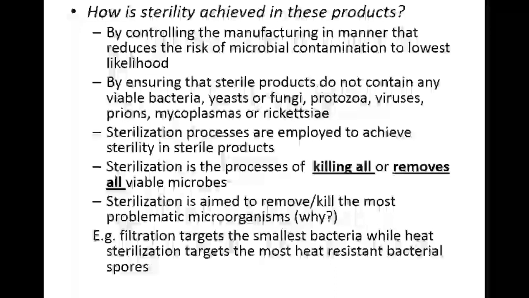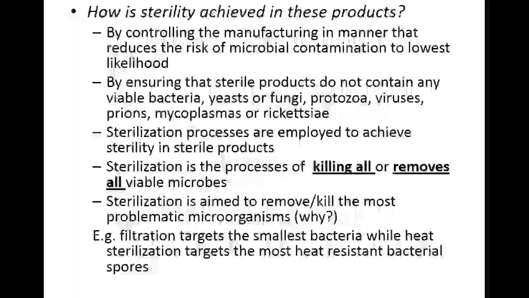That's the first one. Katika control manufacturing, ina maana kuanzia process zile raw material, uandaaji, procedures za kufuata wakati wa kuandaa. And thus we can control by ensuring that sterile products do not contain any viable microorganisms like bacteria, fungi or yeast, protozoa, virus, and other microorganisms.